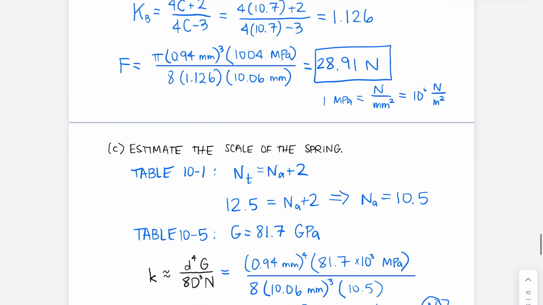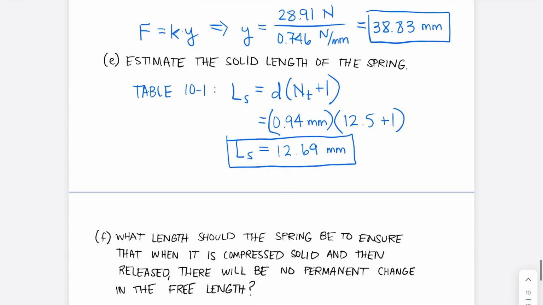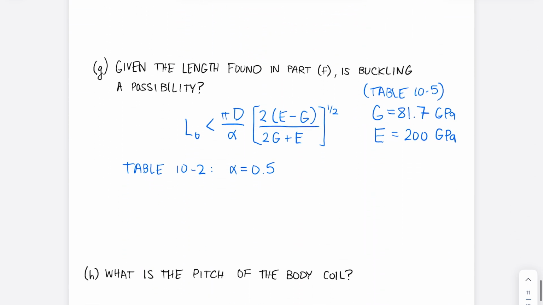We use this constant of 0.5 because it's the lowest possible constant, which is going to give us the greatest possible length that we need to be less than.